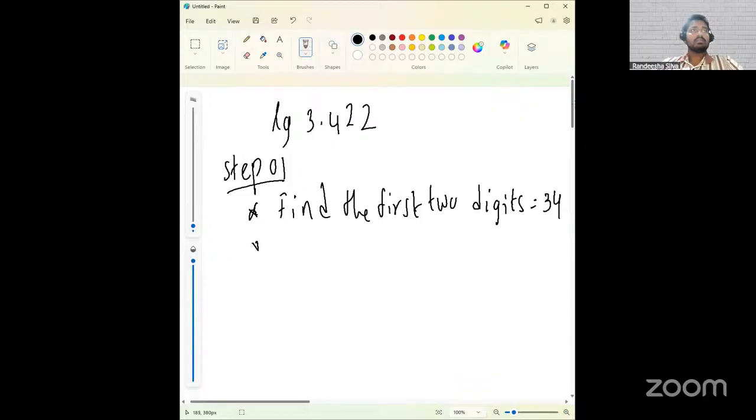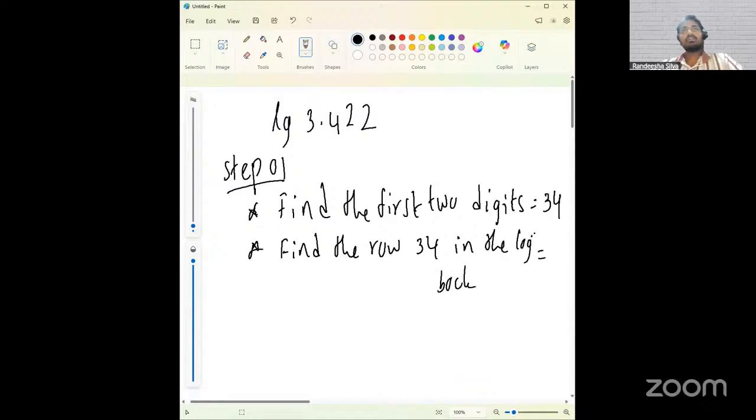Then find the row 34 in the logbook. Find the row 34 here. 34 is here, okay? This part.